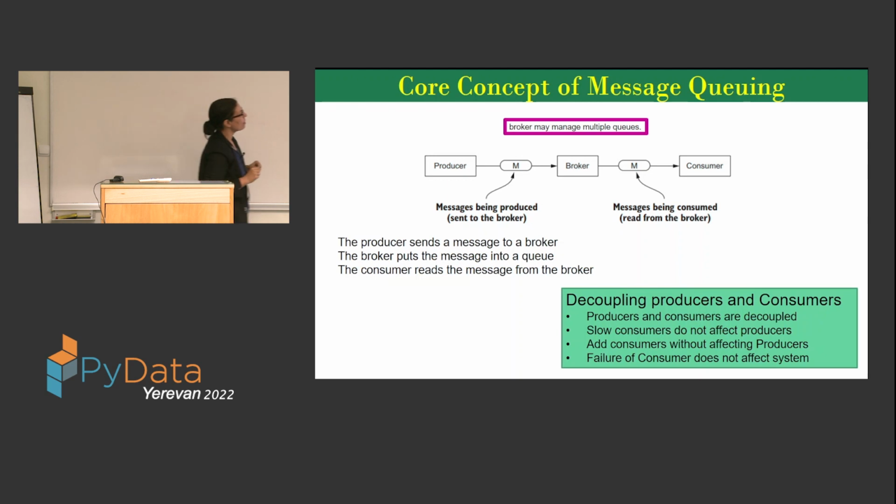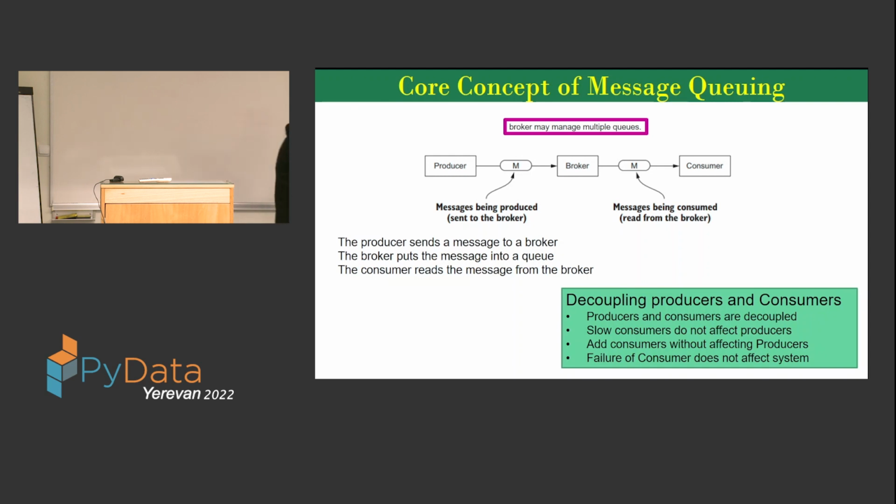So if I want to summarize why I have to use message queuing in my pipeline, I want to decouple producer and consumer. Producer as the collection tier and consumer as the analysis tier. Producer and consumer are decoupled. A slow consumer, because most of the time the consumer is slower than the producer, doesn't affect the producer.